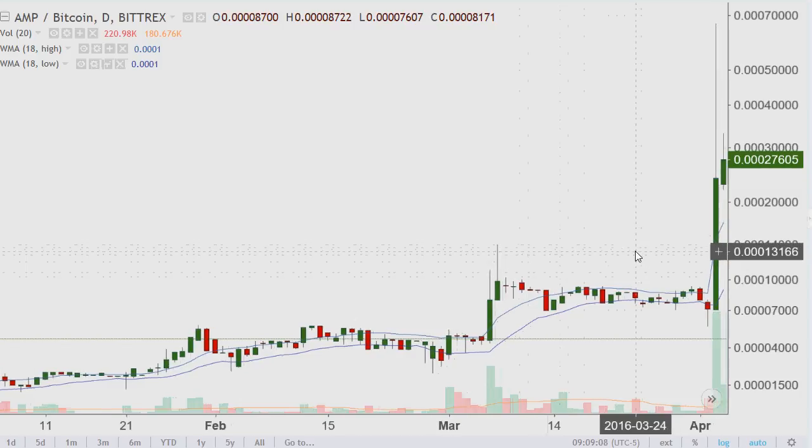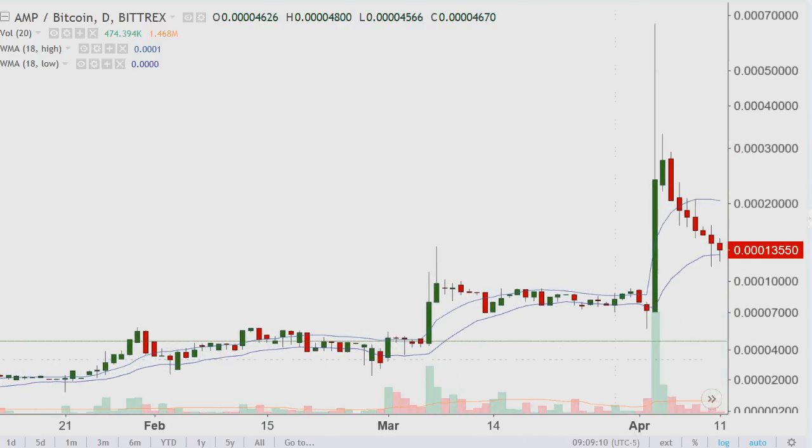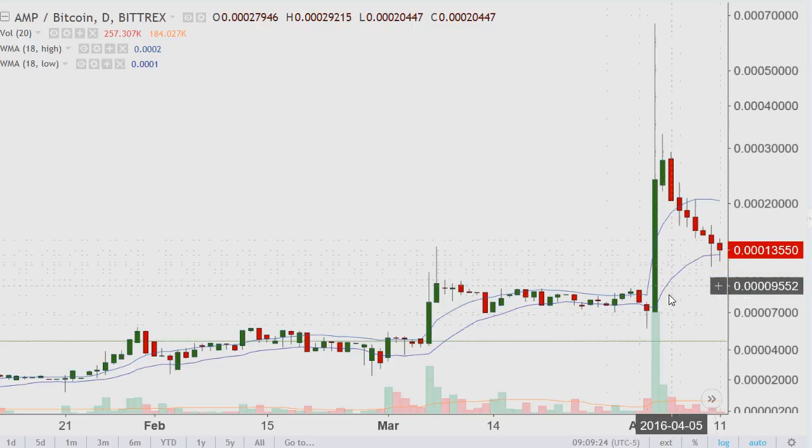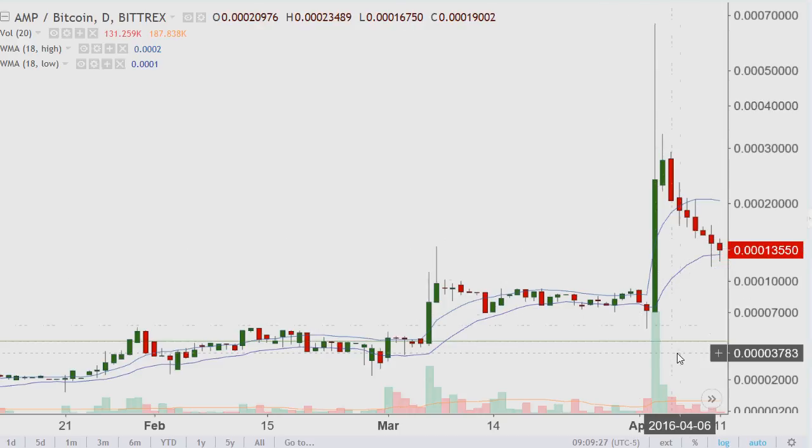When you see something like this, and then you see a large size move, it takes a day or two, and now this is what, 7 consecutive red candles down to this 18 average, and of course there would be that number. Now at this point, you have a situation in chart analysis when you see something like this happen.